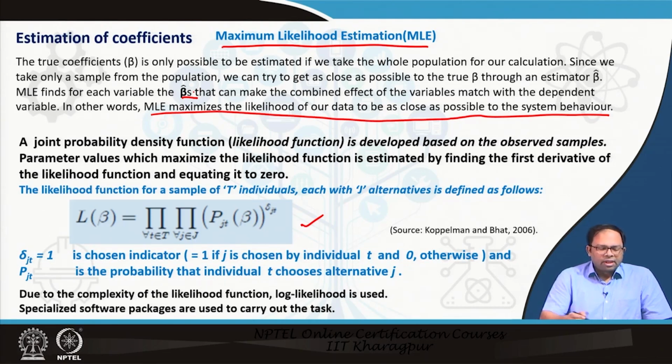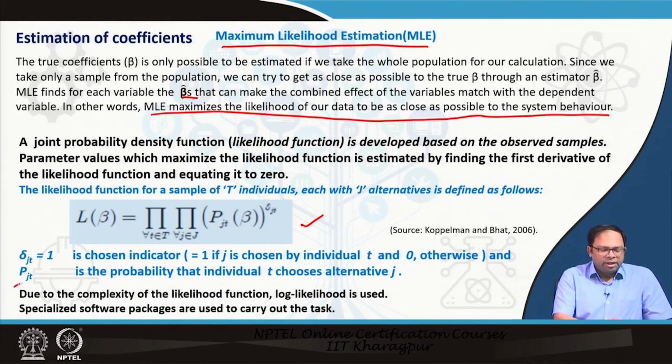The other part is that when we develop this likelihood function, we actually use log likelihood because the likelihood is difficult to solve. Due to the complexity of the likelihood function, log likelihood is used, and we use a specialized software package to compute the beta values. There are two parts in the equation.